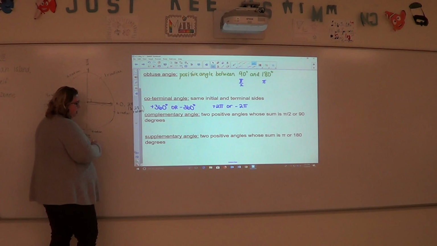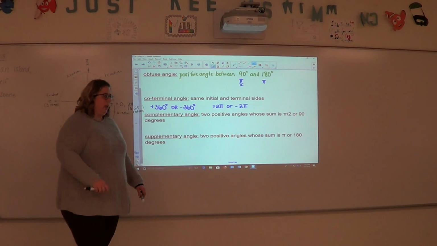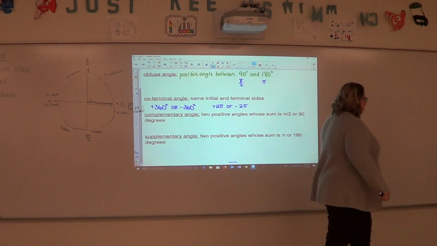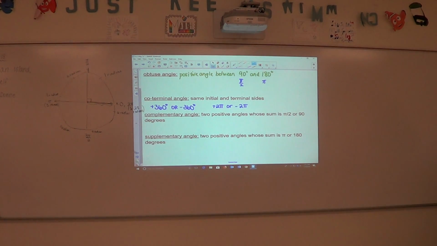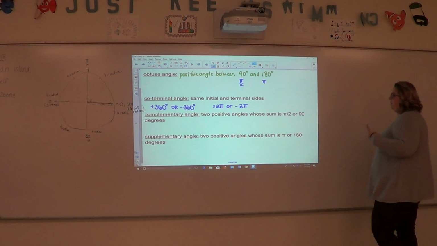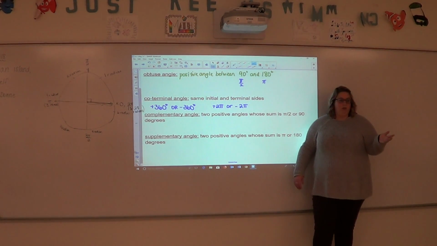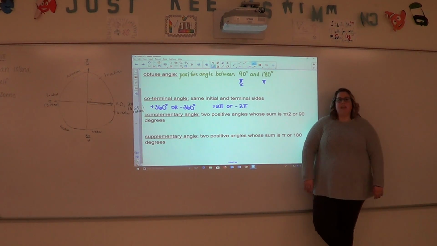And then the last 2 things we'll talk about today are complementary angles and supplementary angles. Okay, complementary. First off, they have to be 2 positive angles, and they equal 90 degrees. So if I was given the angle 70 degrees, what would my complementary angle be? 20 degrees. But if I'm given the angle 100 degrees, that doesn't have a complement because you can't have a negative.